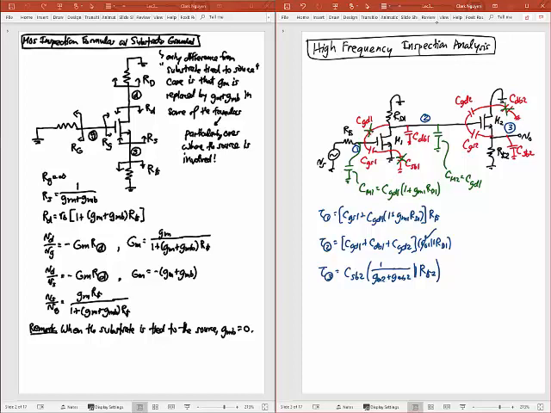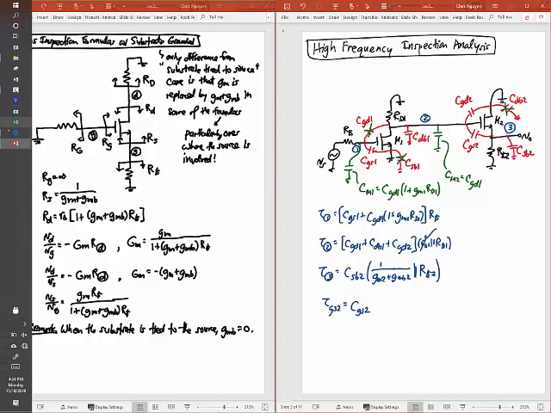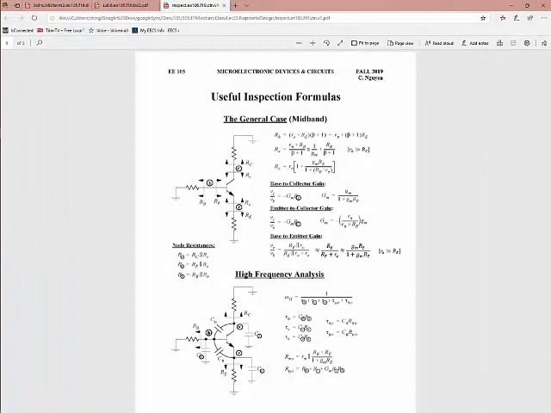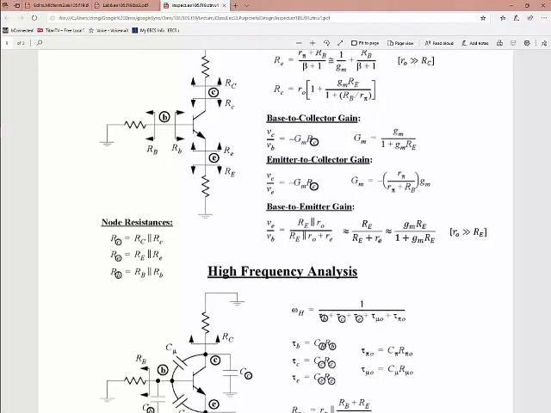Finally, this time constant associated with CGS2. So this is going to be the tau GS2. This is going to be equal to, of course, that CGS2 capacitance itself. And then to determine what that inspection analysis equation needs to be, right? That's in feedback. I need to know that equation.